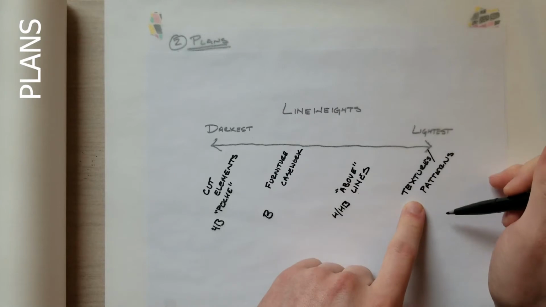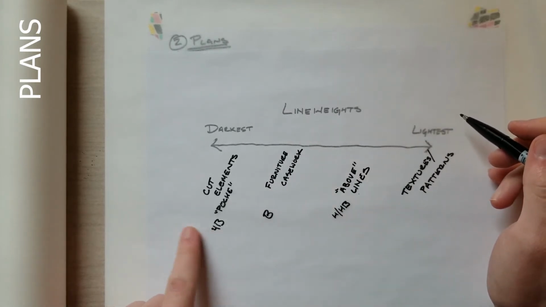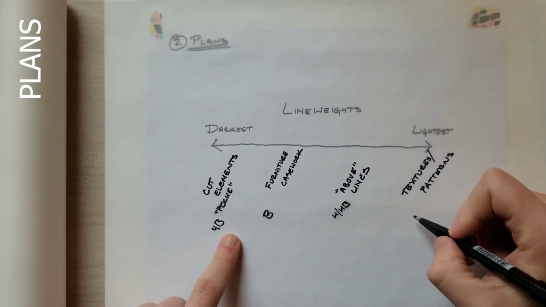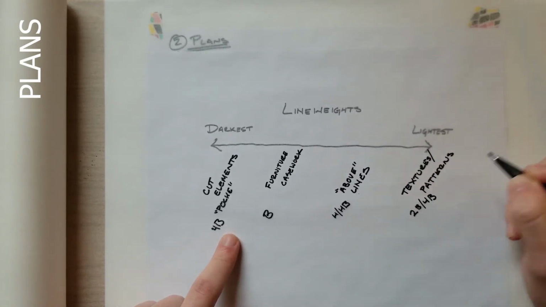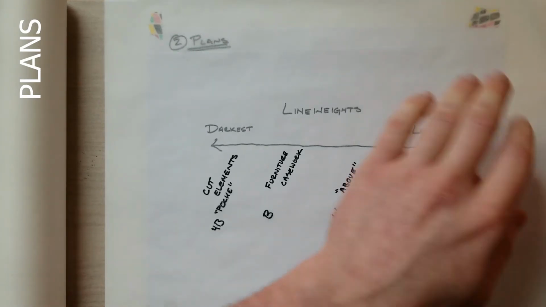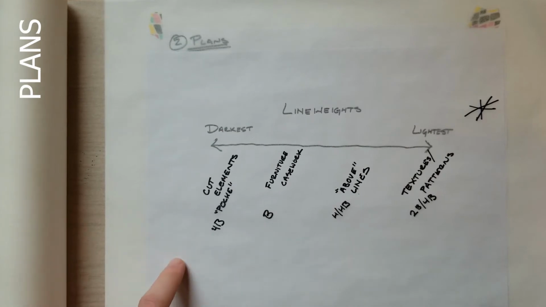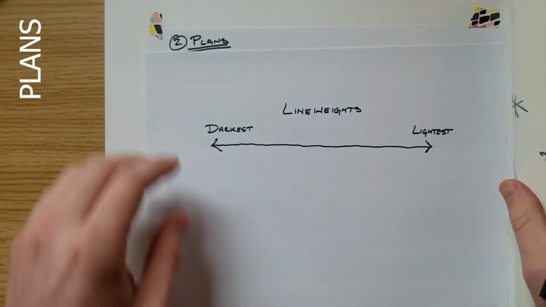And anytime you add textures or patterns to your surface, it shouldn't distract from what the actual architectural element is. So that's probably looking closer to 2B or 4B. But this is a key way to make your drawing successful: understanding how your thicknesses work. So, for example, we're going to look at a plan.